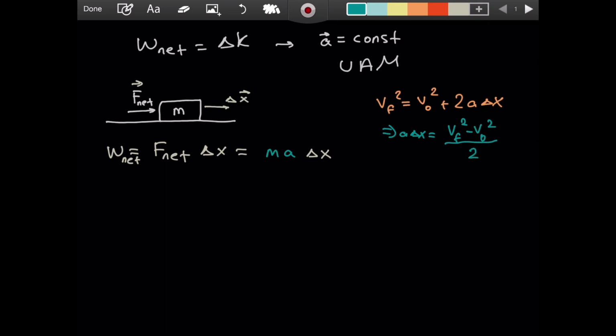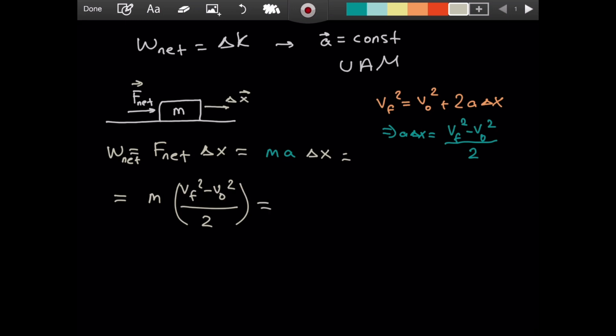So we do that. Now I'm just going to take this and substitute it here. All right, let's do that. So then this is equal to, we have the mass, and then instead of a times delta x, I am writing v final squared minus v naught squared divided by 2. And then with the parentheses.